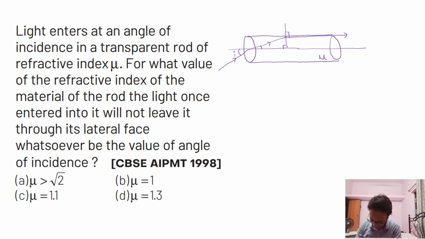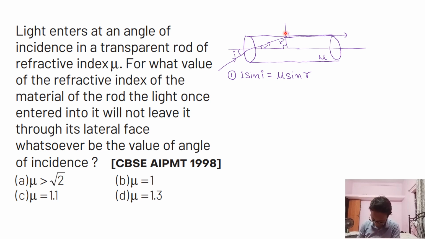So let's name this angle R, and let's name this angle R dash. From this surface, Snell's law gives sine of angle of incidence, sine i, is equal to mu into sin r.